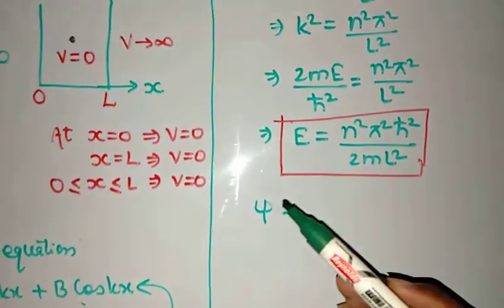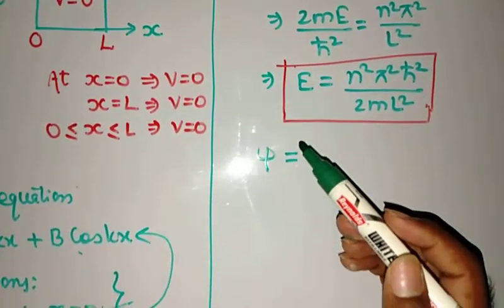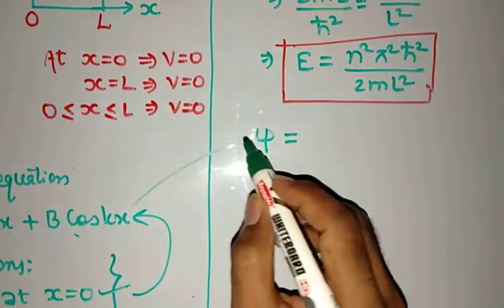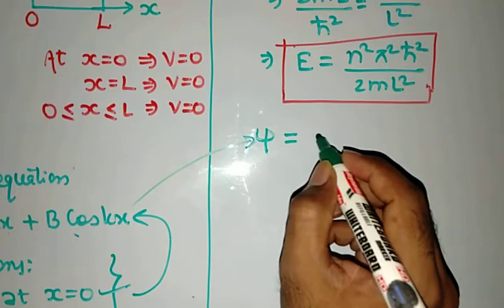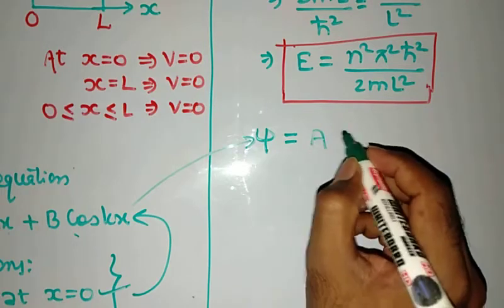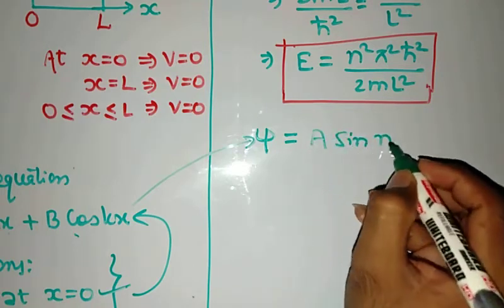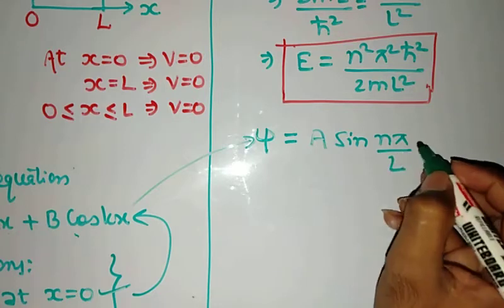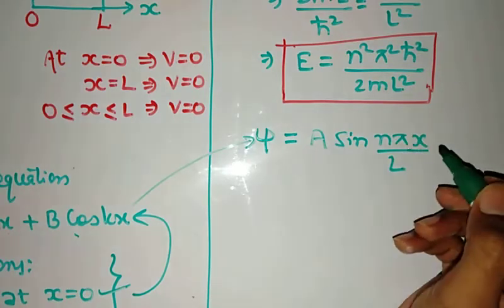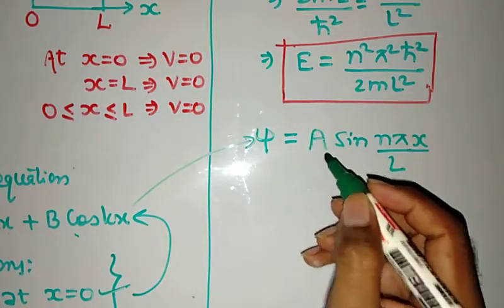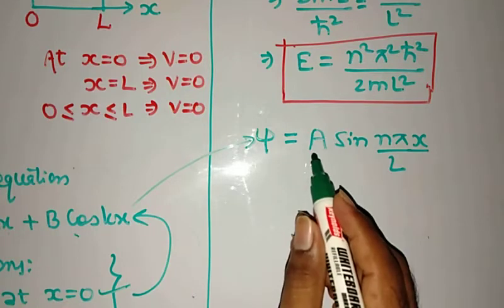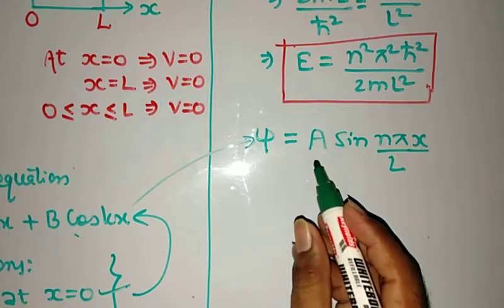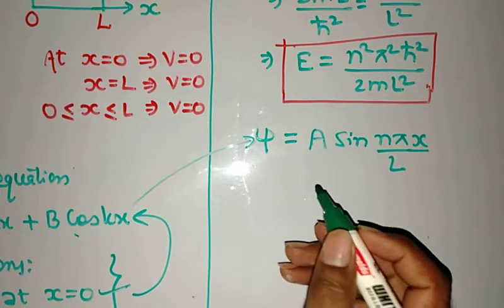So using that value, we will come across from this equation again, psi is equal to A sin n pi by L into x. Here A is a constant. We will find this constant using the normalization condition.